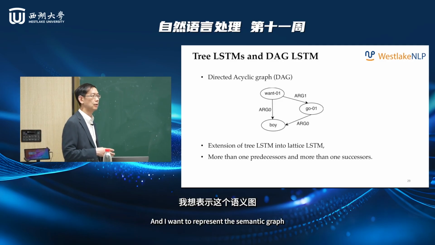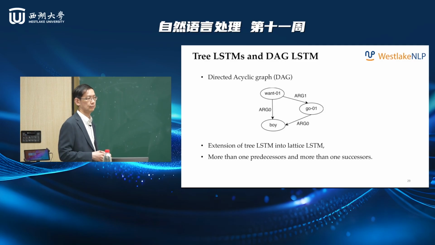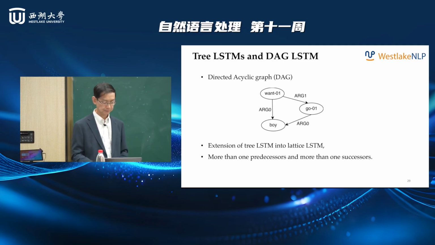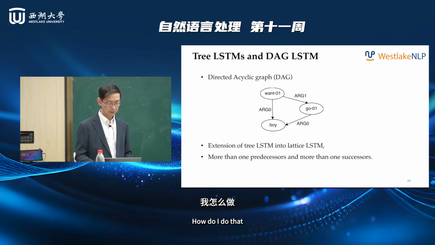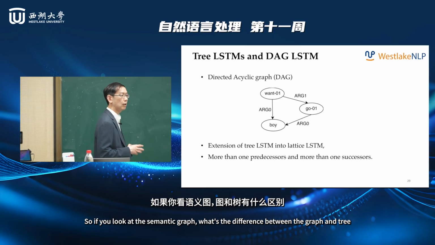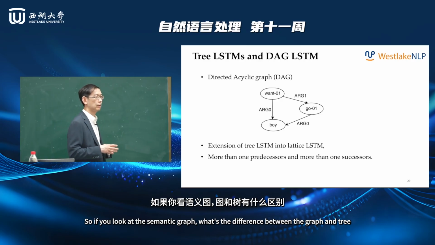And I want to represent the semantic graph. How do I do that? So if you look at the semantic graph, what's the difference between the graph and the tree?